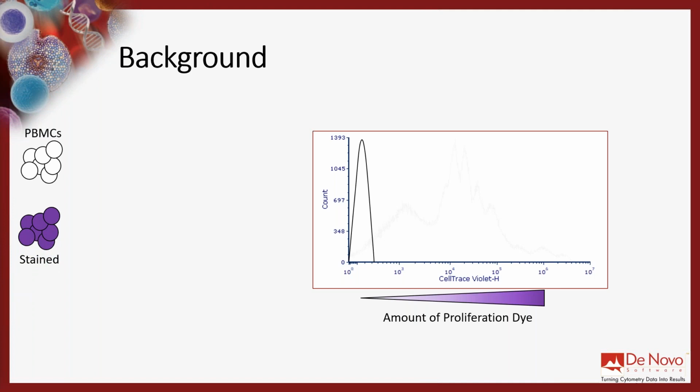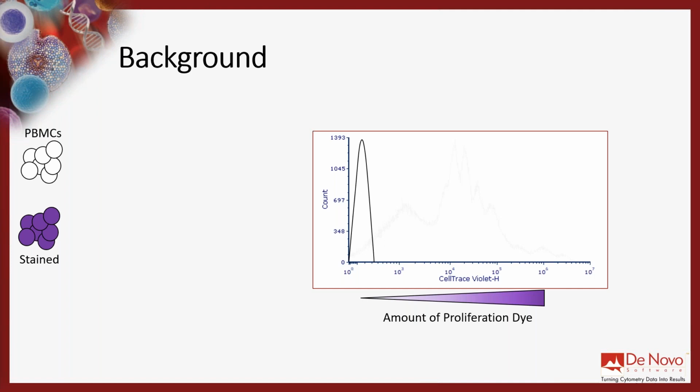Now, what I have on the side here is the amount of proliferation on the chart of cell trace violet. So that amount of proliferation dye is corresponding to your cytometer in the mean fluorescent intensity. So the higher you go, the more dye you have.